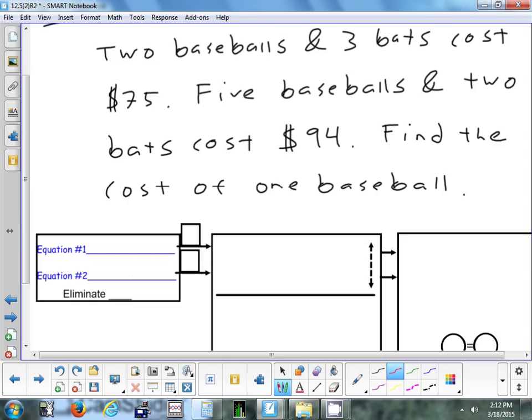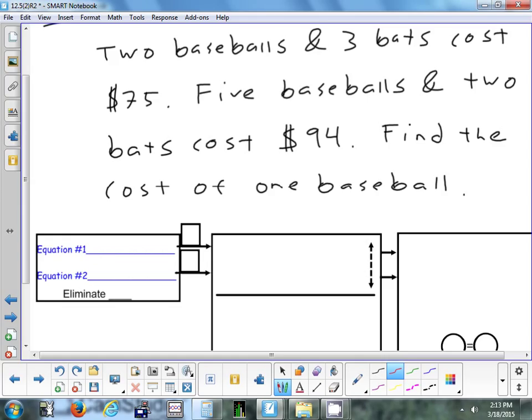Anybody want to take a crack at it, maybe someone I haven't heard from too frequently today? Sam, you want to give a shot at how you set up your first equation?